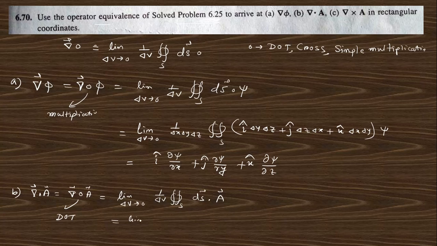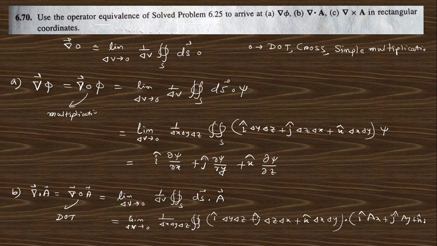So this can be written as 1 by delta x delta y delta z, and ds is i cap delta y delta z, j cap delta z delta x, k cap delta x delta y, dot the A vector, which is i cap ax, j cap ay, k cap az.